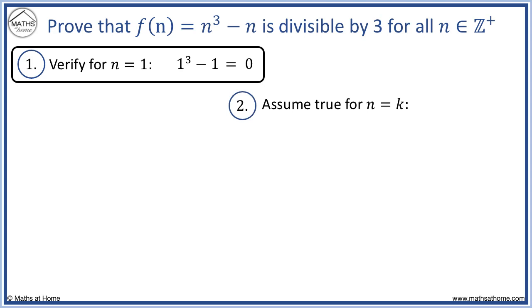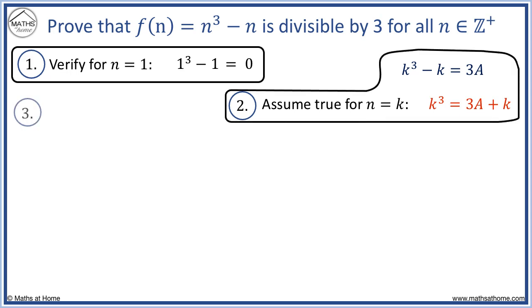Substituting n equals k, we obtain k cubed minus k, and this is equal to 3a, as we are assuming that k cubed minus k is divisible by 3. That is, it is 3 times some other number. We can rearrange this as k cubed equals 3a plus k.